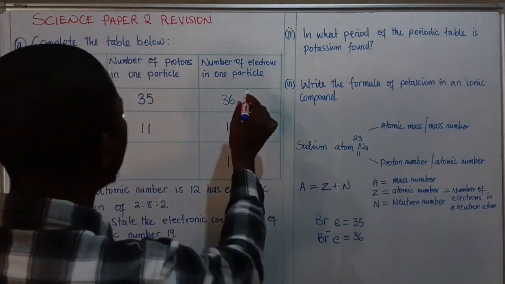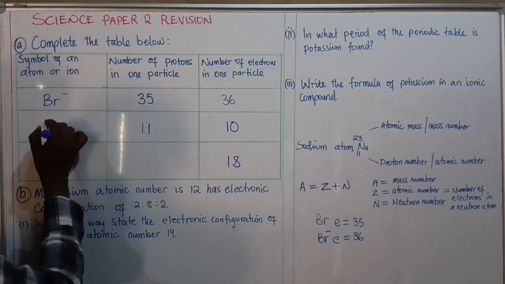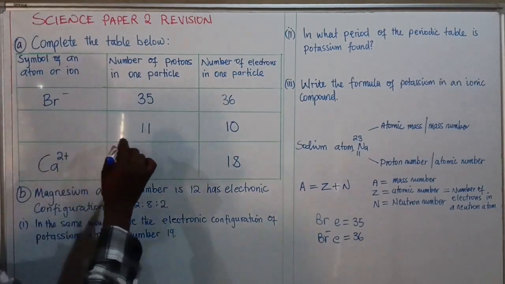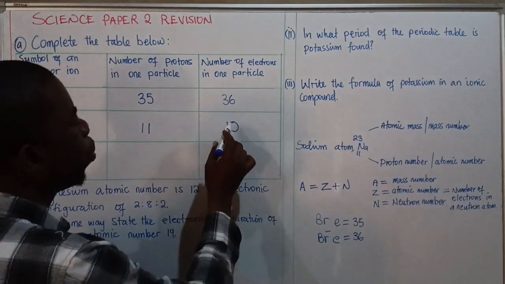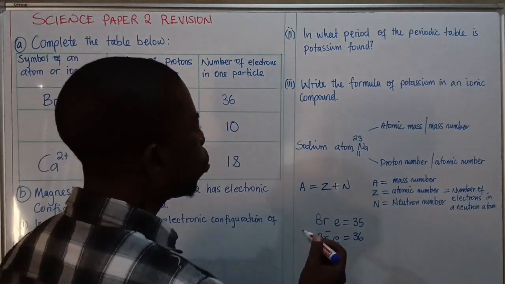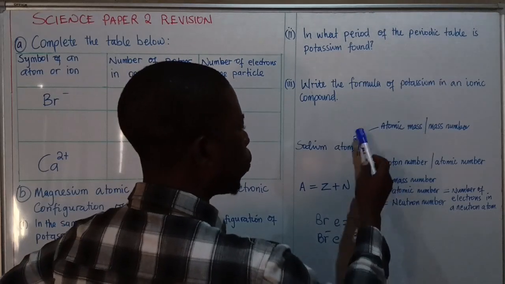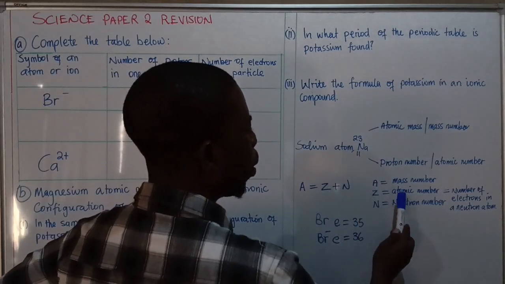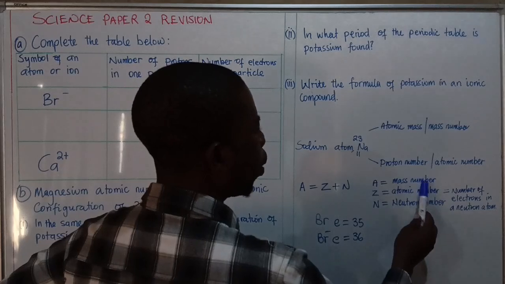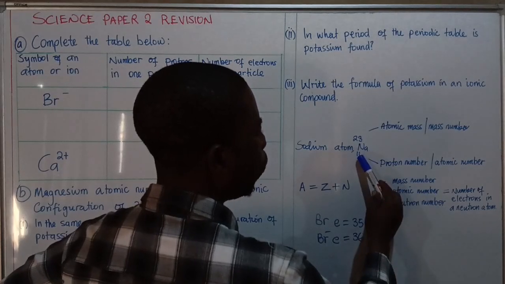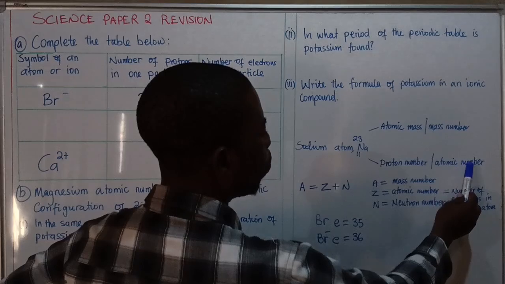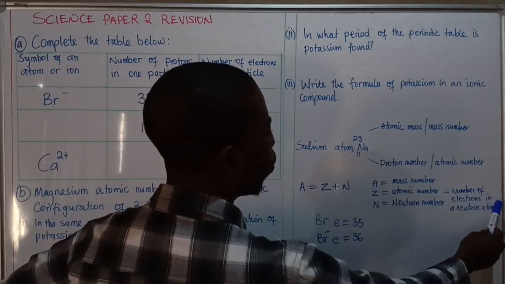So if they want you to complete here, put the symbol for sodium. But before you do that, you also check the number of electrons. In a neutral atom of sodium, the atomic number, this number down here, 11, should be equal to the number of electrons.